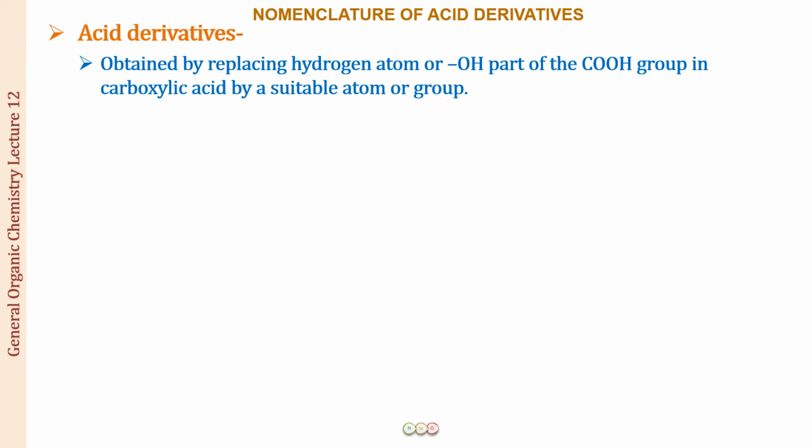What I mean is that the general formula for the carboxylic acids is R, C double bonded to one oxygen atom and a single bond to the OH group, which we call the hydroxyl group, right? So we have this compound as the carboxylic acid.